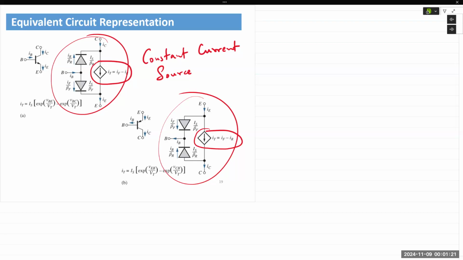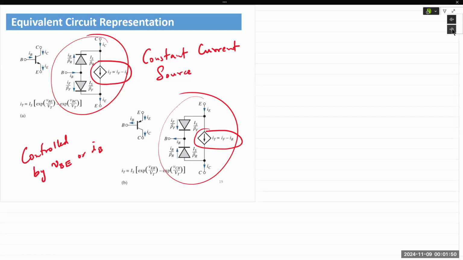So constant current source, or it's controlled by VBE or IB, the base emitter voltage or the base current. Okay, so anytime you're working with circuits, these equivalent circuits are very useful in describing the transport model.